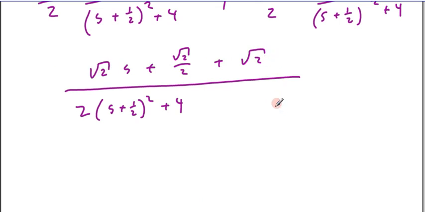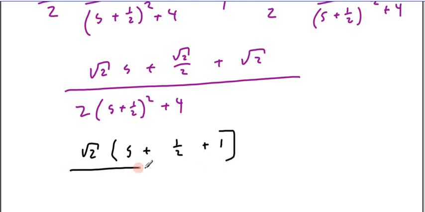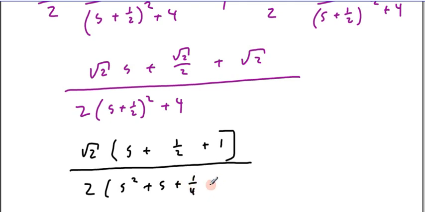So I've got square root of 2 times s plus 1/2 plus 1 on the top, and on the bottom I've got 2 times s squared plus s plus 1/4 plus 4.